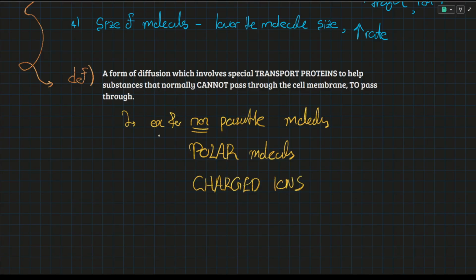These are just two examples. Okay? These things just cannot cross the cellular membrane straight away. They need some form of special transport proteins to help them pass through.